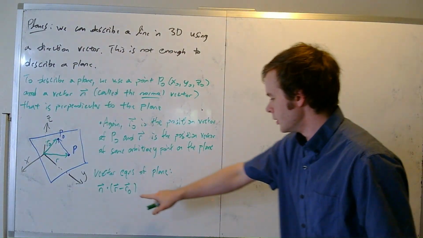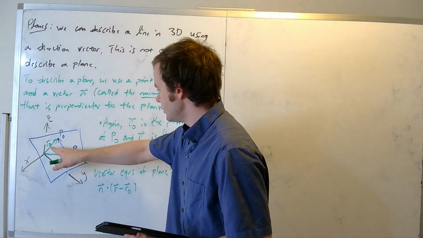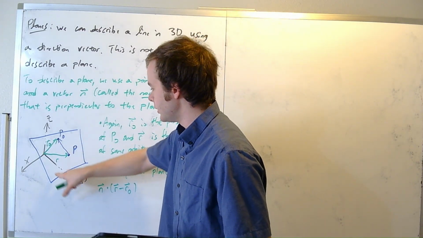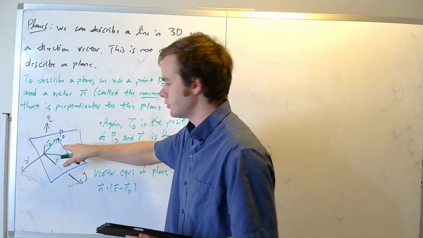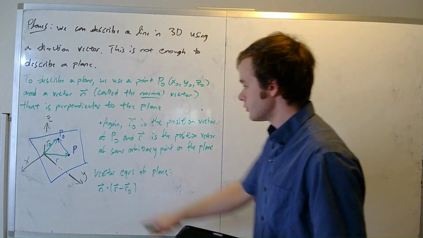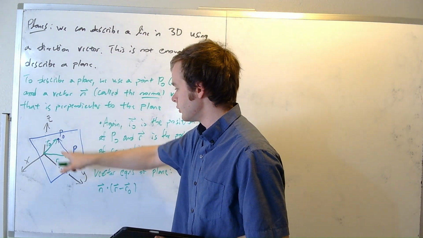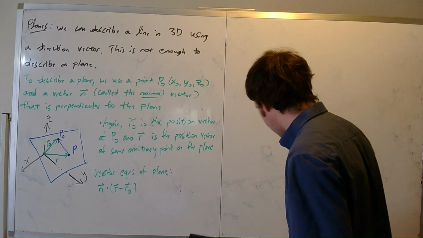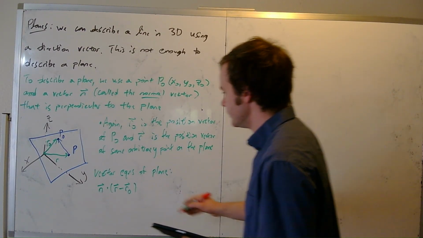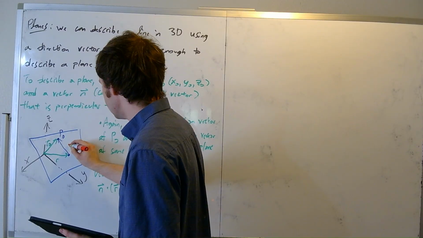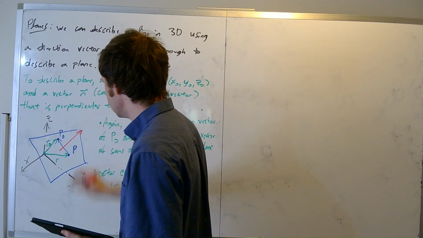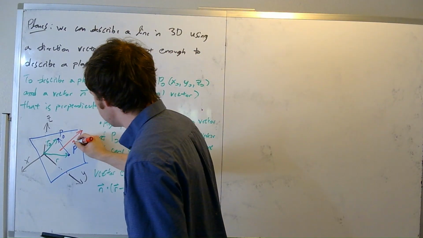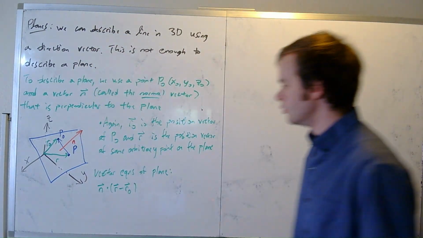Okay, so r minus r0, that's going to be, well, you put the tip of r0 at the tip of r, and you connect the base of the 2 vectors, well, it's parallel to this vector that I drew here. So this is actually r minus r0. It's the vector between P0 and P. Now, if you take the dot product of that with what we said was the normal vector, so the normal vector is a vector that's perpendicular to the plane, so it exactly sticks out of the plane, that's n, our perpendicular vector, our normal vector.